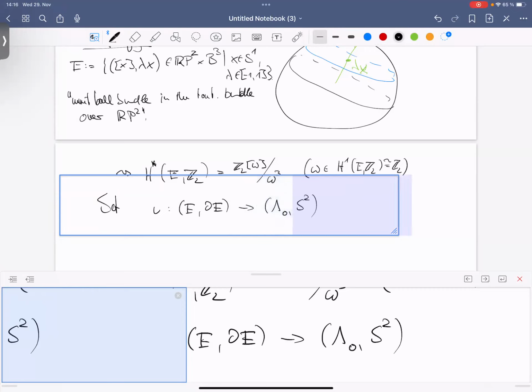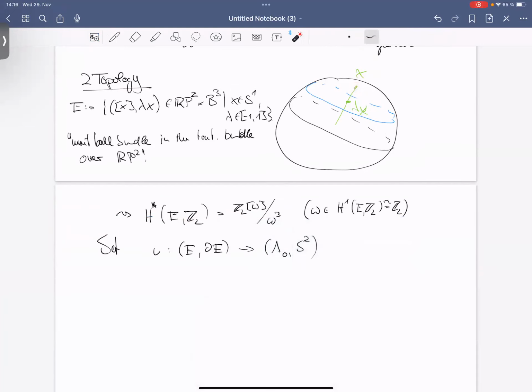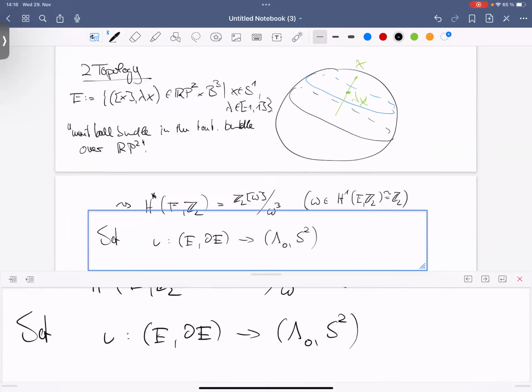And the boundary is sent to the constant curves, because the boundary is nothing but where these curves here degenerate to the green point. Yeah, this is the boundary here. It's one boundary point. What do I do?